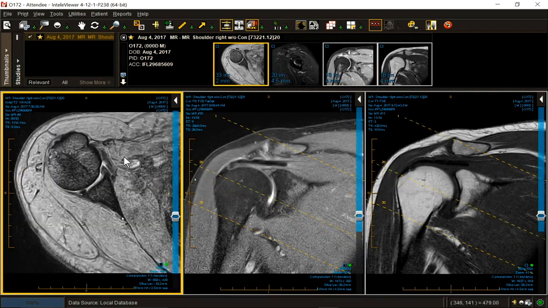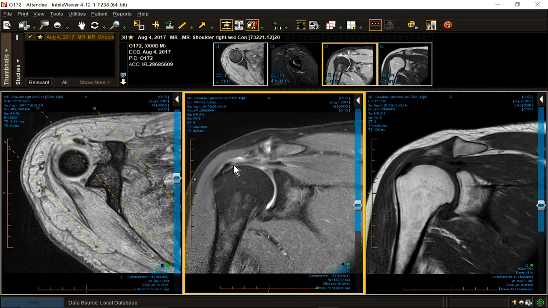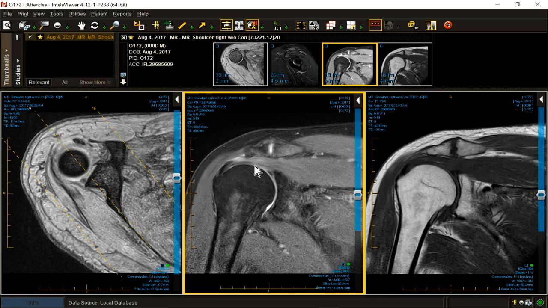That dark signal intensity we were looking at is a band, and around that band is some swelling. Non-focal. It's ill-defined. So if you were to call that a tear, you'd be making a mistake. It's not focal enough.